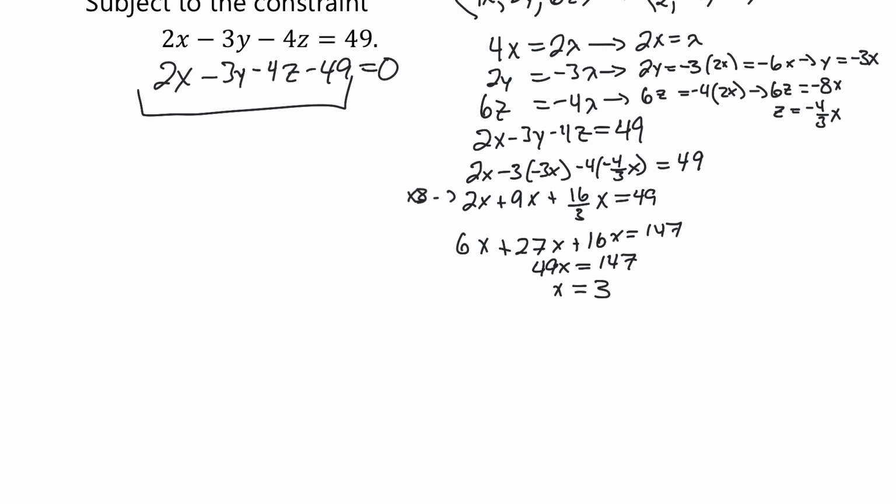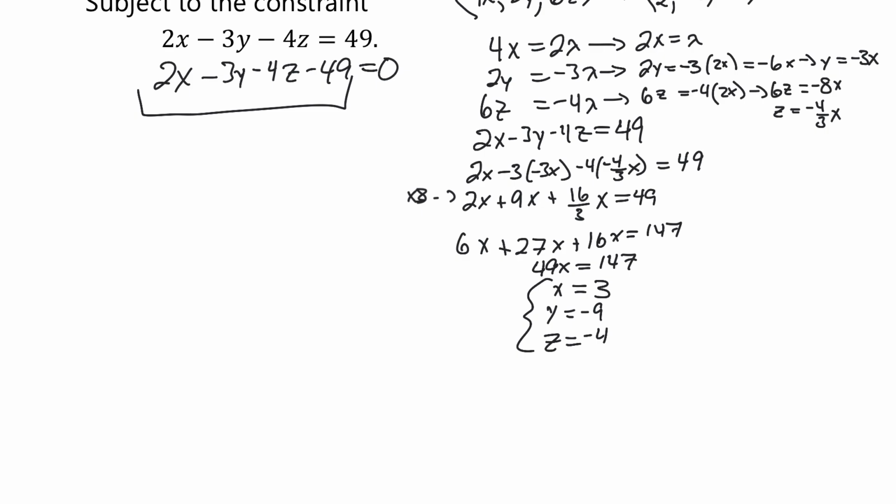And then we're just going to work our way backwards. So z is equal to negative 4, and y then is equal to negative 9. So that solves the little system of 4 equations and 3 unknowns. I guess it's 4 equations and 4 unknowns, well, just eliminating lambda.